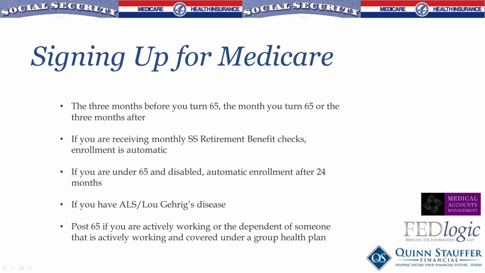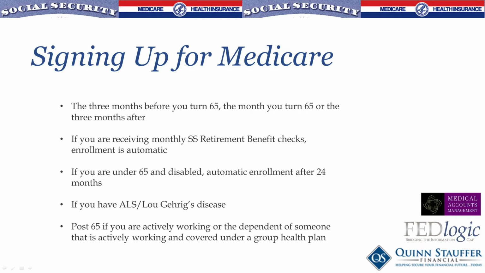You can also sign up for Medicare if you're under 65 and you're disabled. And then there's an automatic enrollment after you've been receiving your disability payments for 2 years. So there is some lag time unless you have ALS or Lou Gehrig's disease. That is considered a presumptive disability, and as soon as you apply, you would get your benefits.